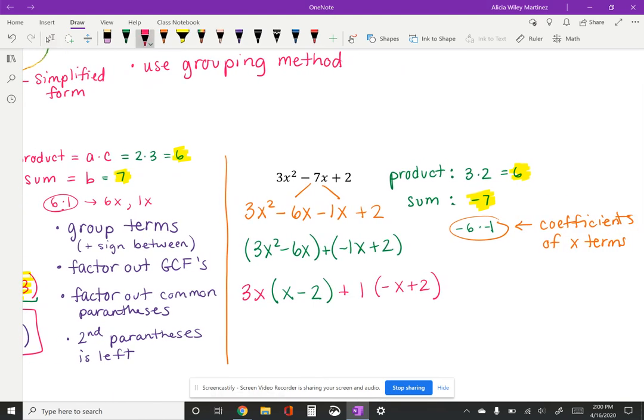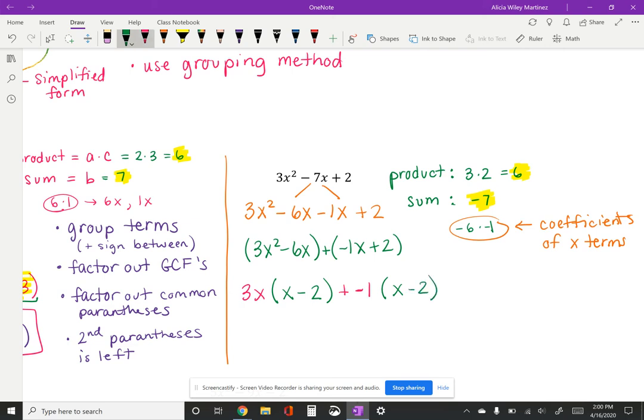So the way that we can make them the same is to not just take out a 1, but take out a -1. I'll deal with that plus minus later. If I take out a -1, if I divide the first term by -1, I get x. If I divide this term, I get a -2.